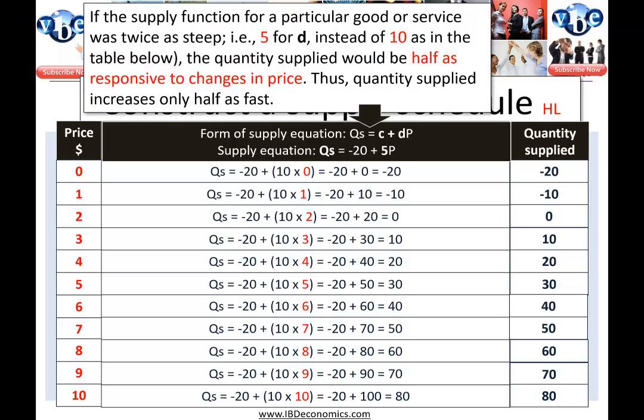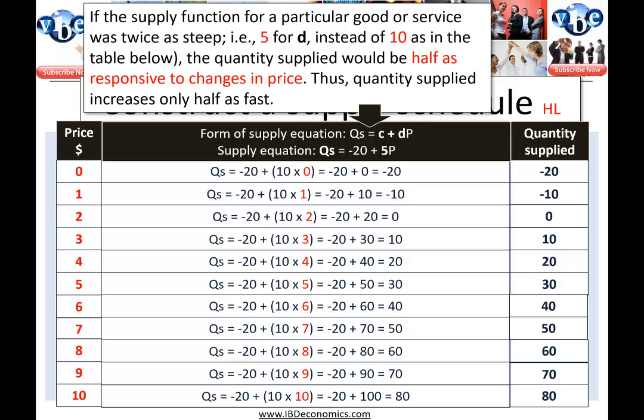Now, if the supply function for a particular good or service was twice as steep, so take for example 5 for d instead of 10 as in the table below, the quantity supplied is going to be half as responsive to changes in price. So this quantity supplied increases only half as fast. Let's have a look. So we've got the new supply equation there. QS equals minus 20 plus 5p.